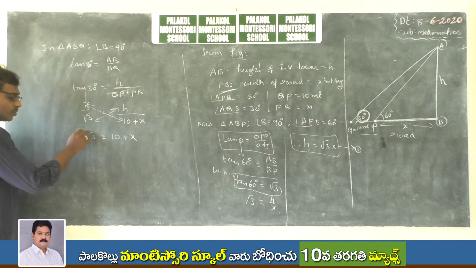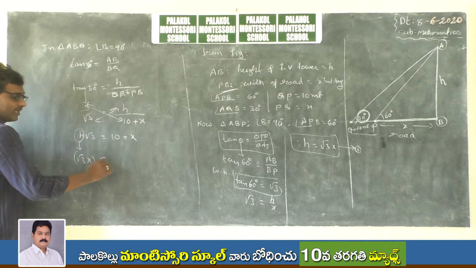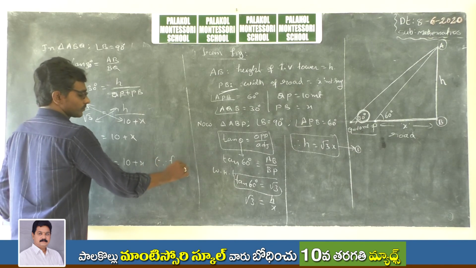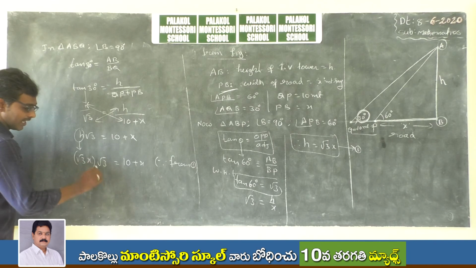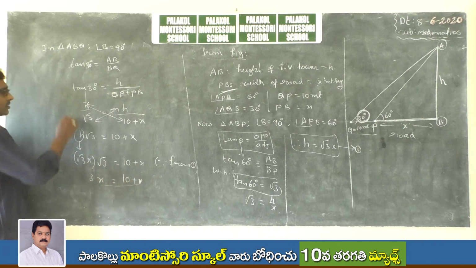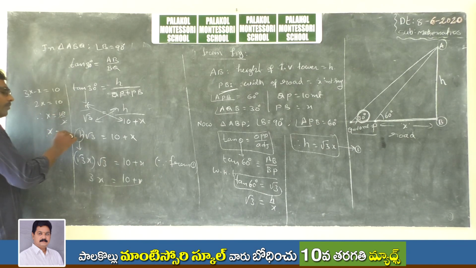So root 3x times root 3 is equal to 10 plus x. Root 3 into root 3 is 3, so 3x is equal to 10 plus x. Taking x to this side, 3x minus x is equal to 10. 2x is equal to 10, therefore x is equal to 10 by 2, x is equal to 5 meters.